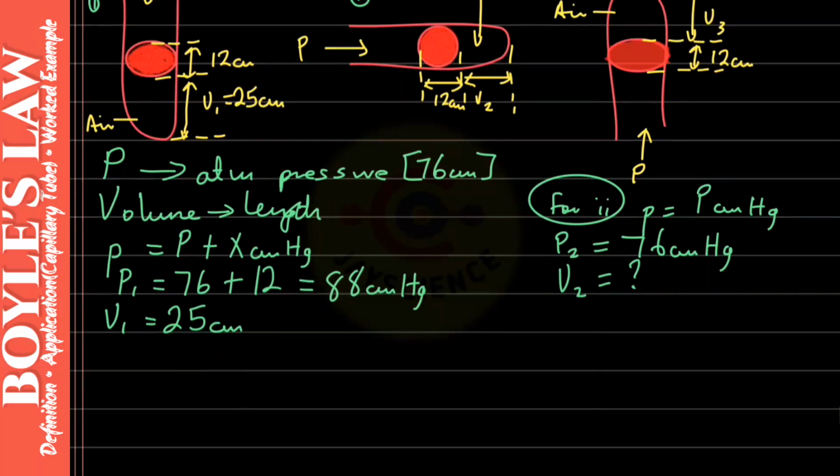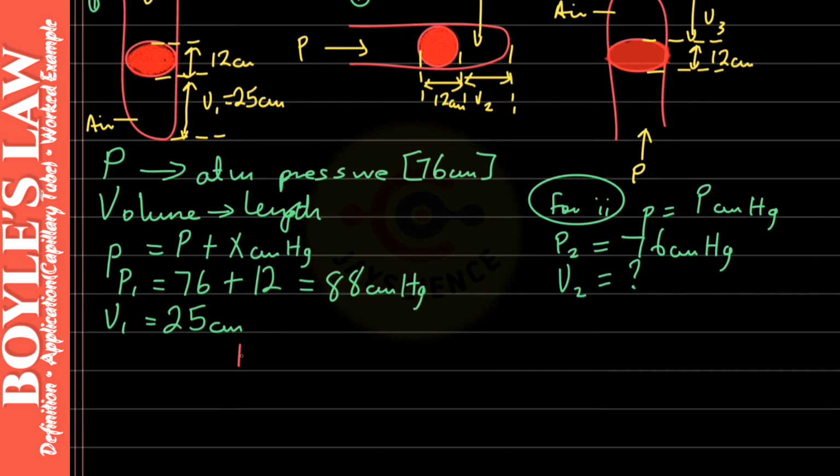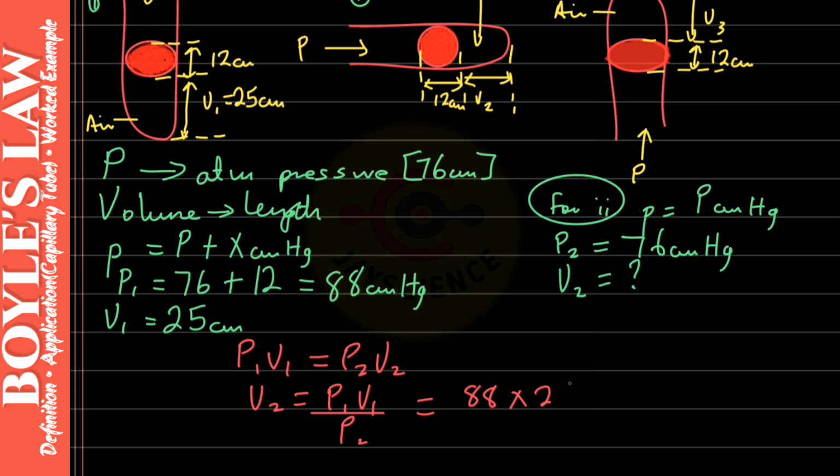So we connect with Boyle's law, P1 V1 equals P2 V2. When we make V2 the subject of the formula, V2 will be equal to P1 V1 over P2. And that will be 88 times 25 divided by 76. That's 28.95 centimeters.